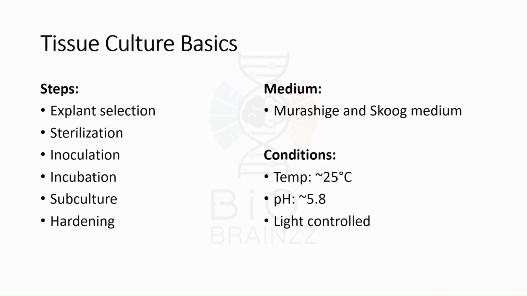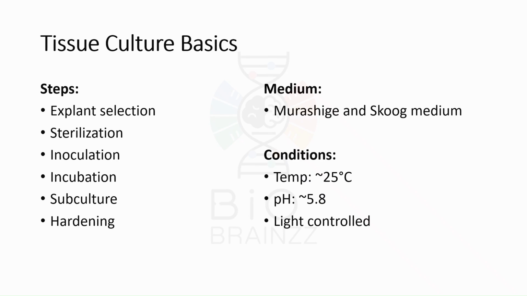Tissue culture involves growing plant cells or tissues in sterile conditions. The process starts with selecting an explant, then sterilizing it and placing it in a nutrient medium. After growing, subculturing is done, and finally plants are hardened before being transferred to soil.